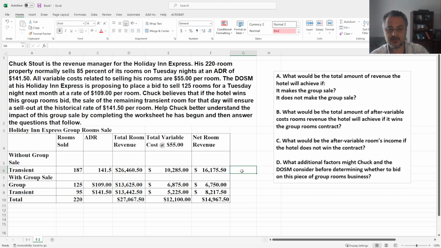If this was a full service property, then you might want to consider that selling 33 additional rooms is going to generate additional money from food and beverage, the bar, spa, and so on. That could be a different question. But in this case, without the group sale, they generate better net room revenue. So you shouldn't always focus on revenue itself, but in the end, how much money is going to be in your pocket. Okay. Thank you.